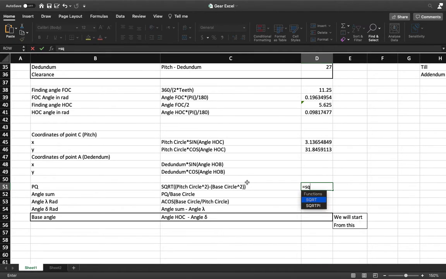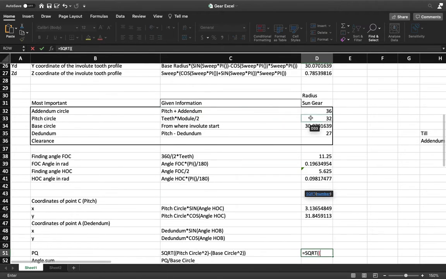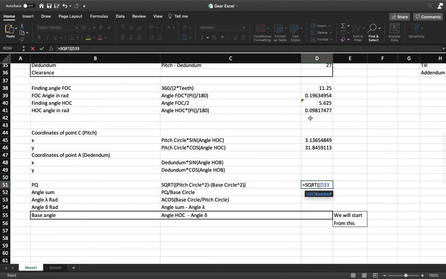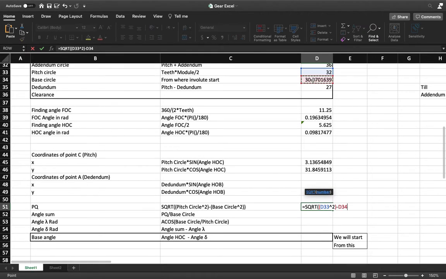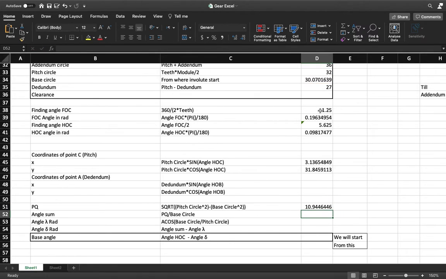So square root of pitch circle to the power of 2 minus base circle to the power of 2. Yep, it's correct. PQ divided by base circle. Correct. This will make a lot more sense when you read the paper.